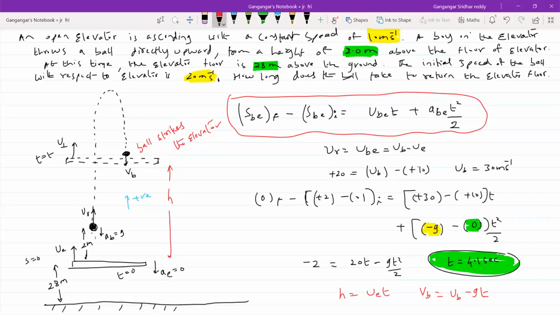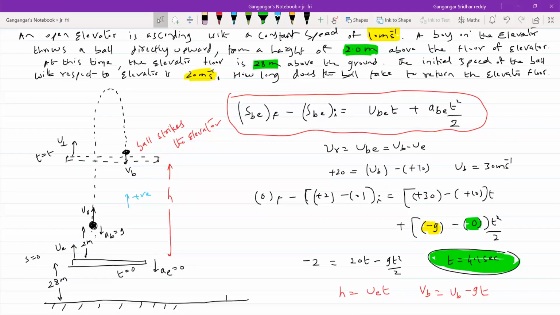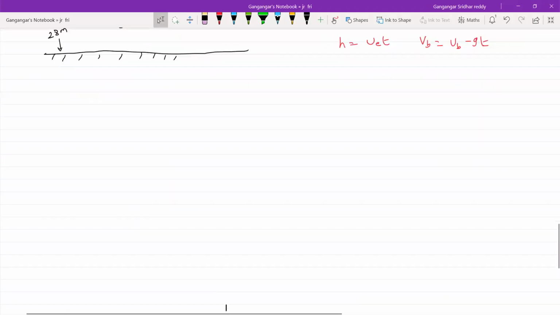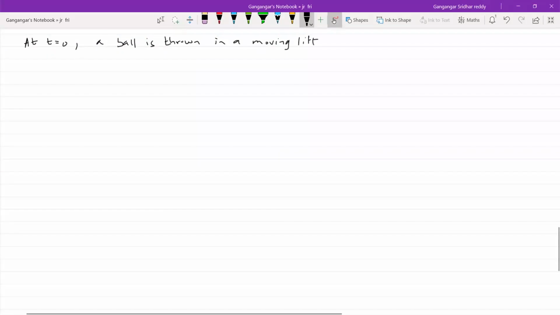Shall I scroll down? Yes, sir. Okay. At t equals 0, a ball is thrown in a moving lift as shown.